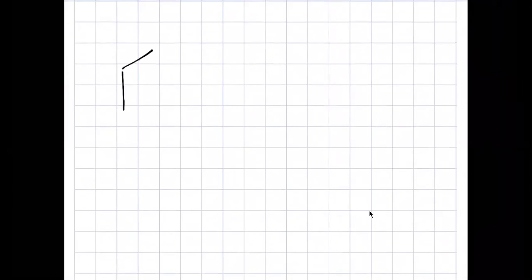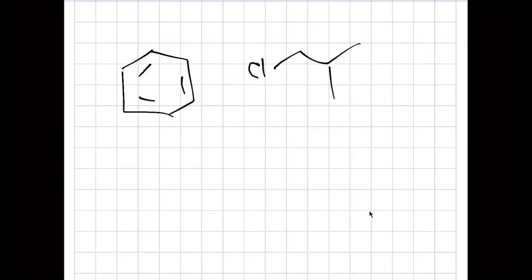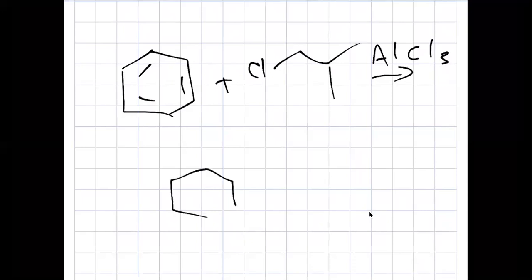So I'm going to use this alkyl halide, and the product that I end up with from this alkylation is actually this.